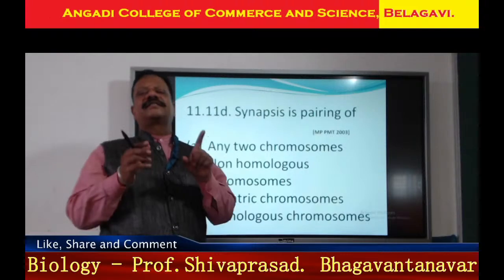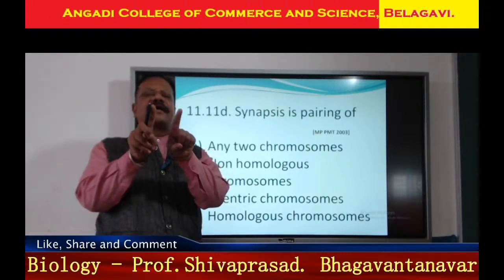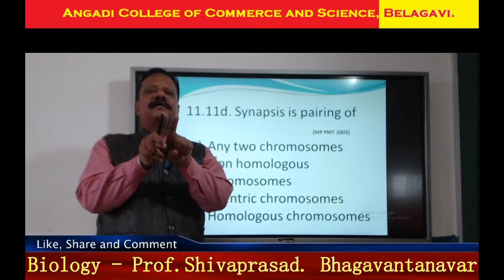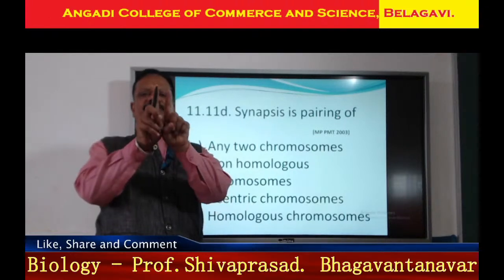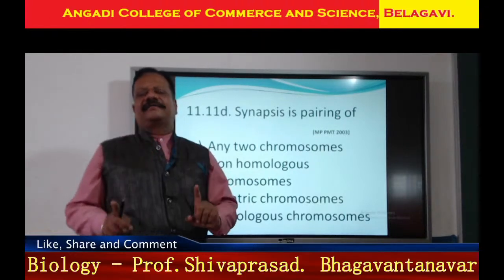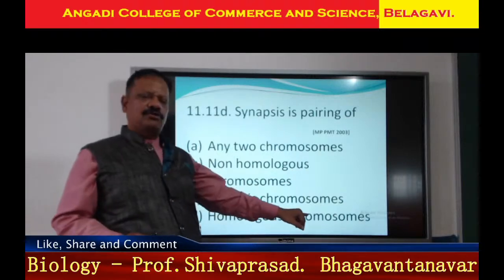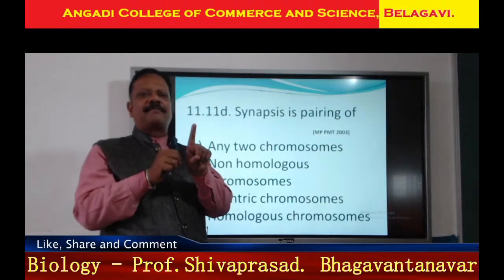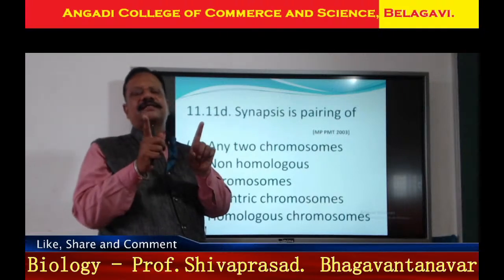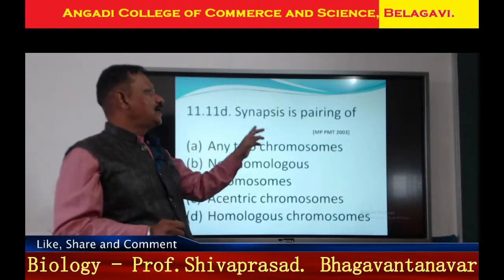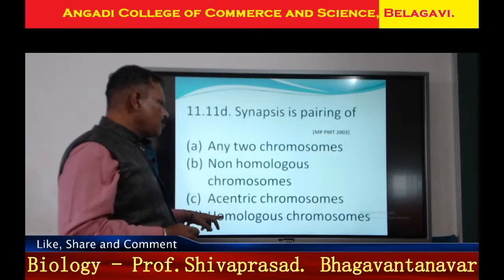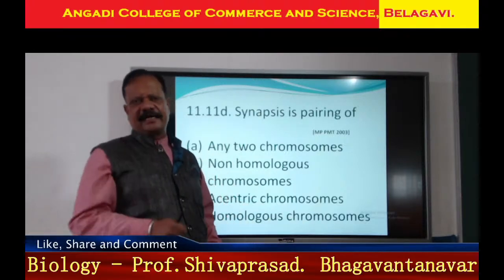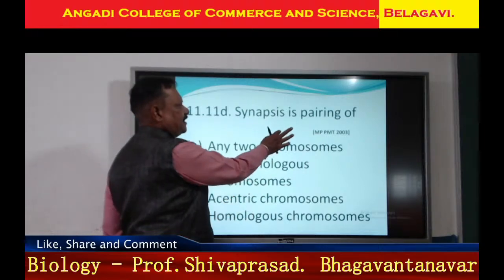So, homologous chromosomes are pairing, coming side by side, and the same type of chromosomes are making a pair. In between them, the synaptonemal complex you are observing; such a type of pairing you are calling synapsis. So, homologous chromosome is the correct answer. Option D is the right one.